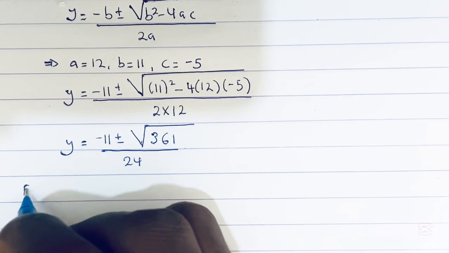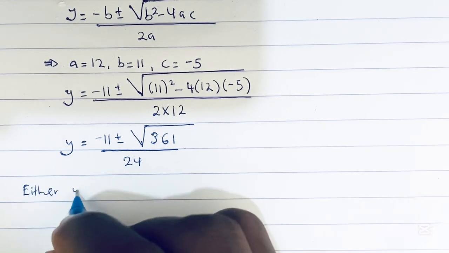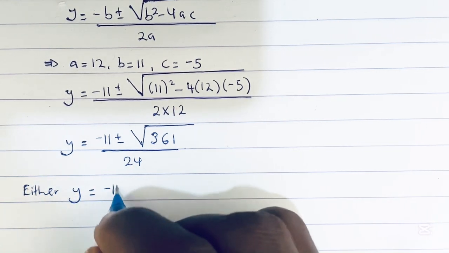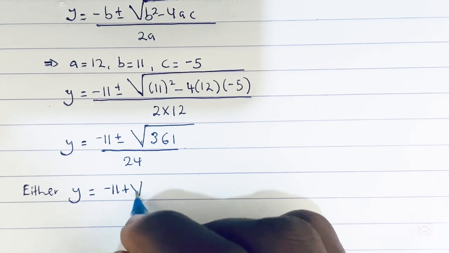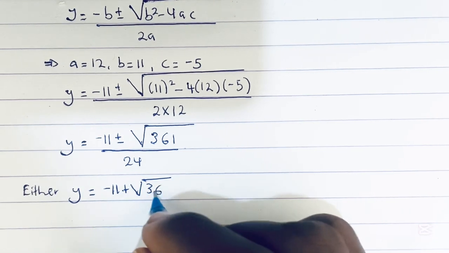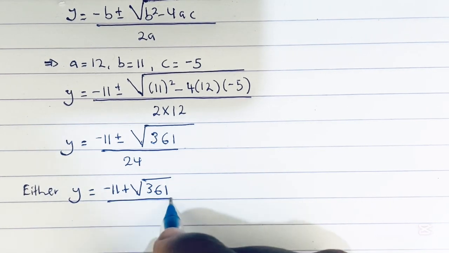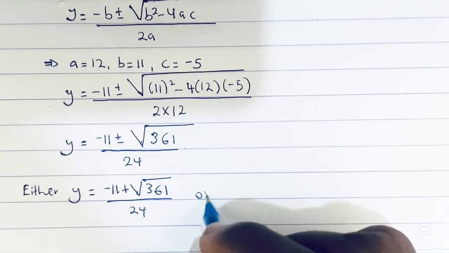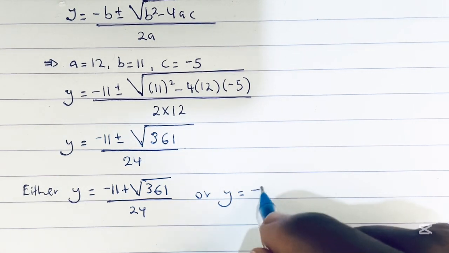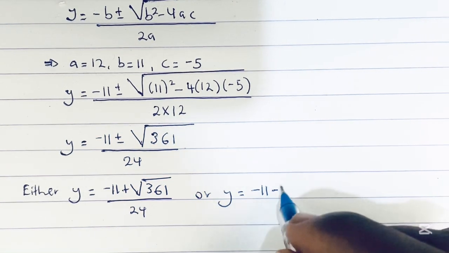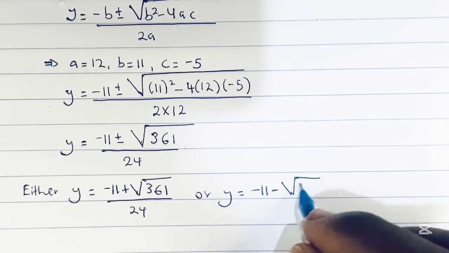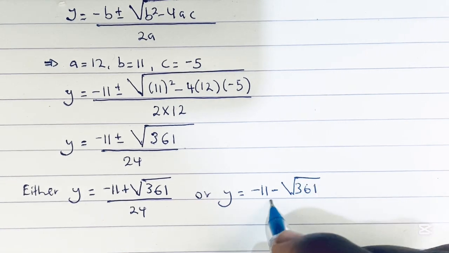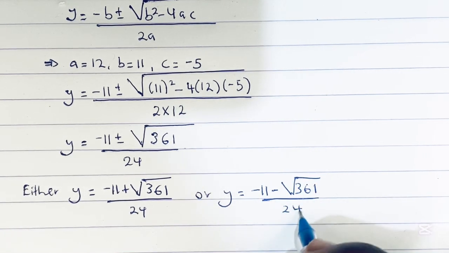So either y is equal to negative 11 plus the square root of 361 over 24, or y is equal to negative 11 minus the square root of 361 over 24.